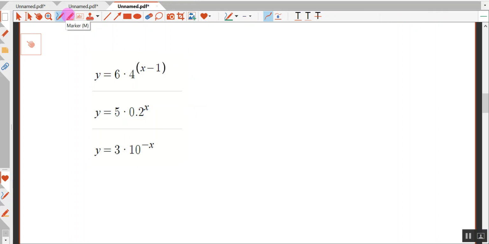It's in there, isn't it? So what's the formula for a geometric sequence? Okay. So, what's R in this one? What's R in this one?